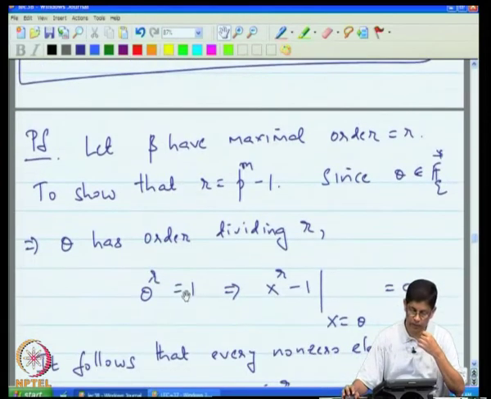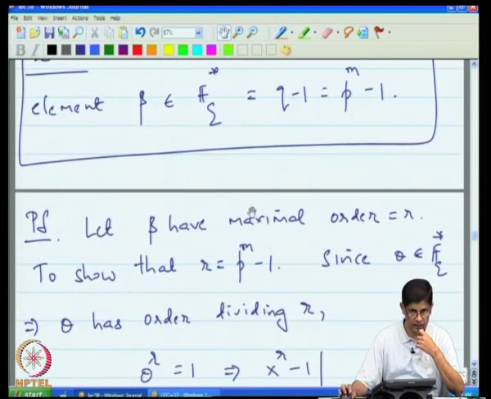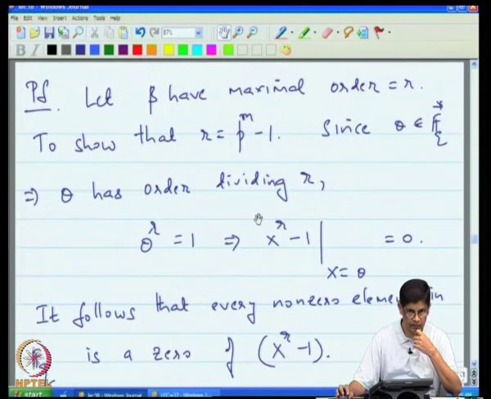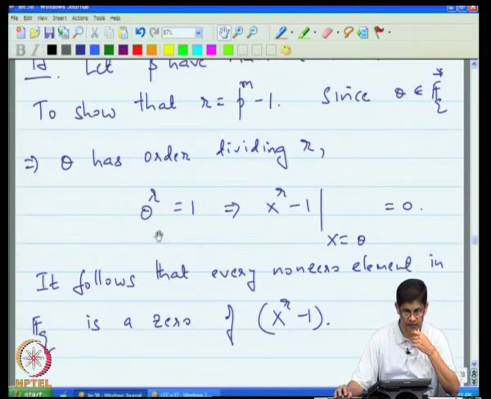How do you prove that? The proof is straightforward. Let beta have maximal order R, and we want to show that this R is q minus 1, or p to the m minus 1. Now, if theta belongs to Fq star, then theta must have order dividing R, which means that theta to the R is equal to 1, which means that theta is a 0 of the polynomial x to the R minus 1.